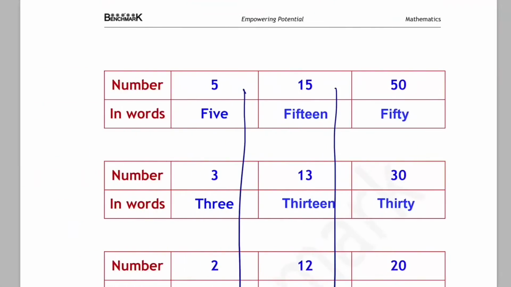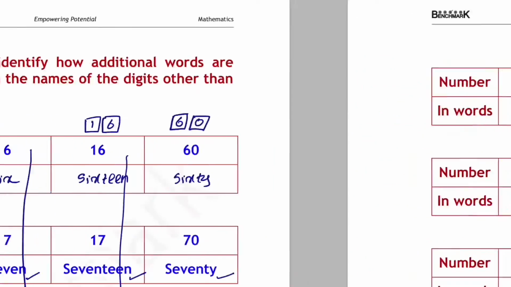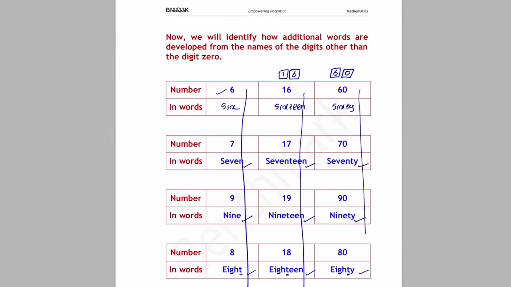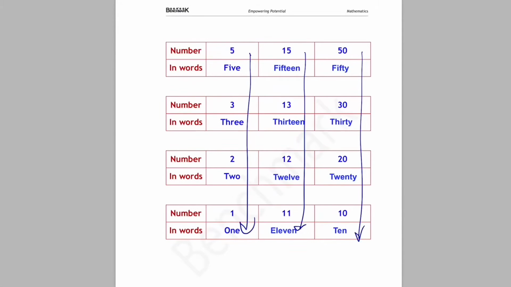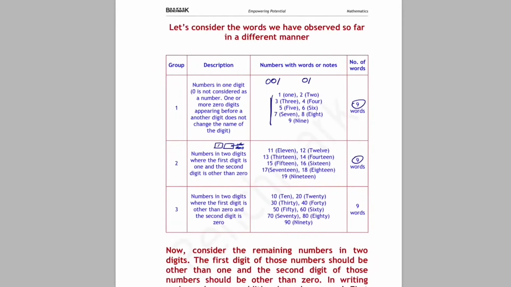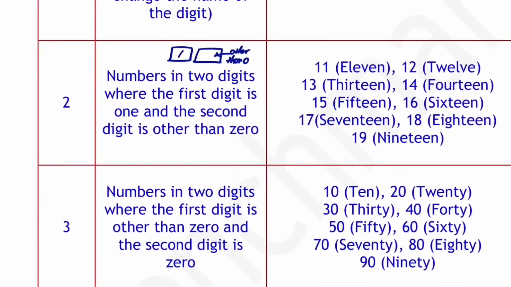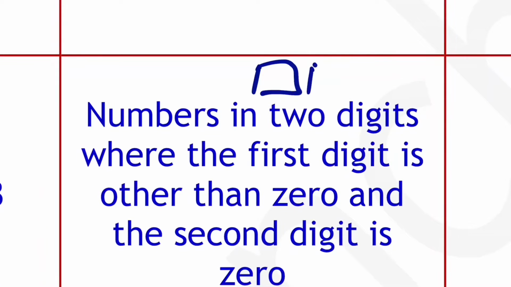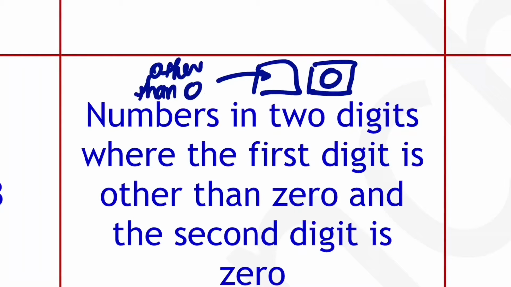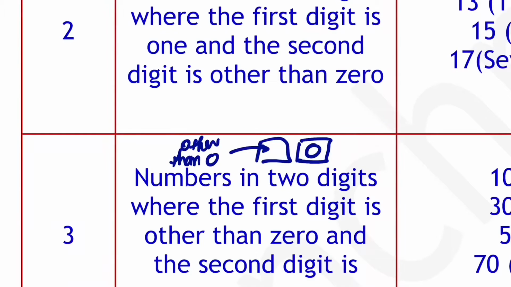And then we have another category. Here we are having digit 0 after the main digits. That category we can identify. It is not even necessary to say other than 0.